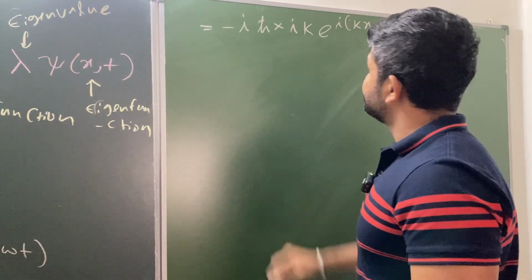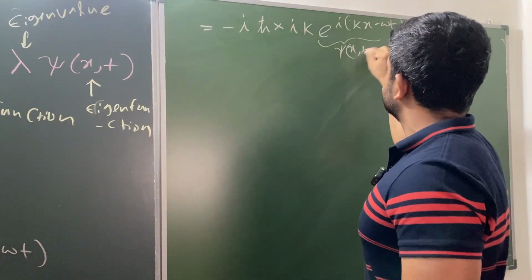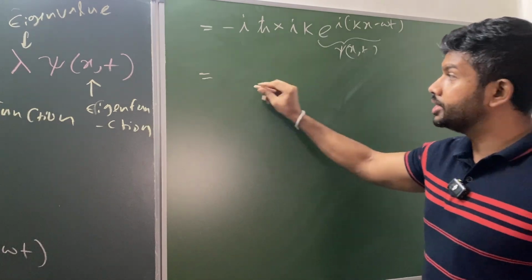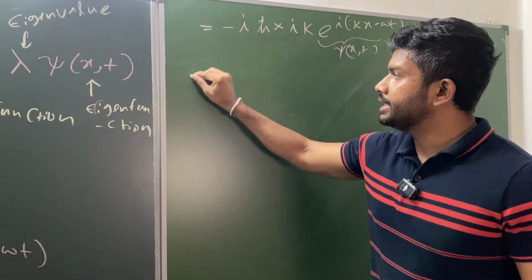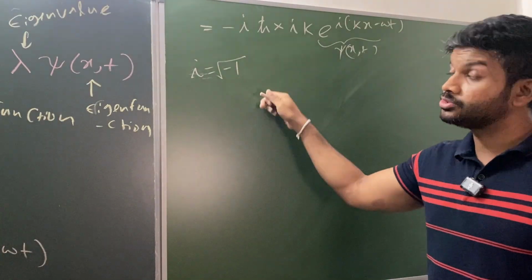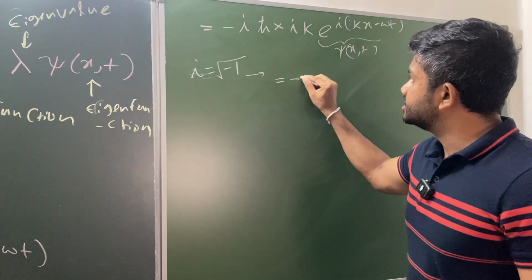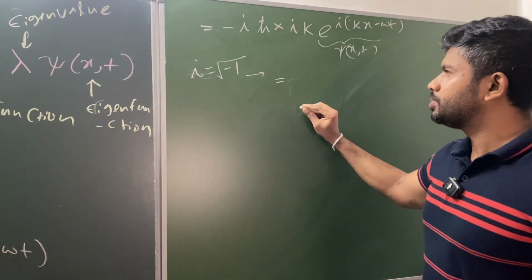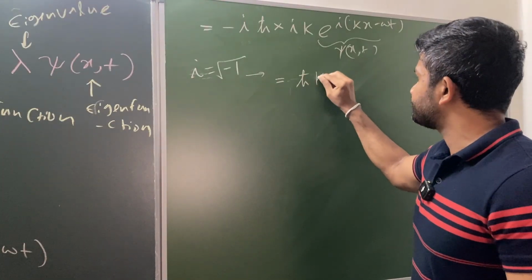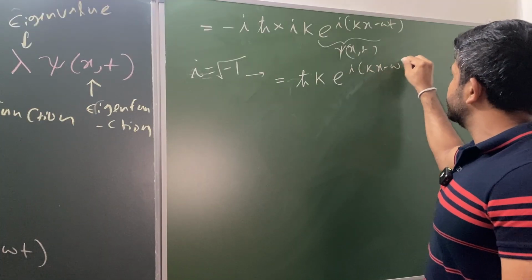Can you see, guys, that this is the function itself? This is phi of x, t, and here we have minus, sorry, i times i, which is i squared. We already know that i is equal to the square root of minus 1, so i squared is minus 1, so that this will lead to minus 1 times minus 1, which is equal to plus 1. So we will end up with h bar k exponential i kx minus omega t.